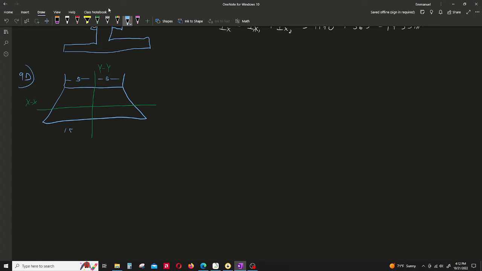And this is going to be 15, with the total height 10. And all these are in inches, by the way. Don't forget your units, please. All right, so number 9.